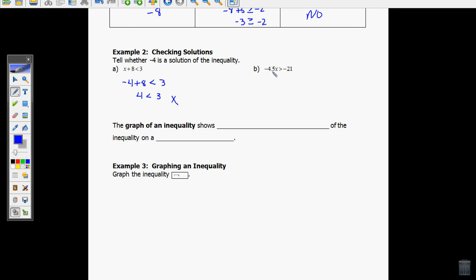And negative 4.5x greater than negative 21. Let's see, negative 4.5 times negative 4 greater than negative 21. This right over here on the left side is going to turn out to be an 18. 18 greater than negative 21? Absolutely is. Looks good to me. Alrighty.